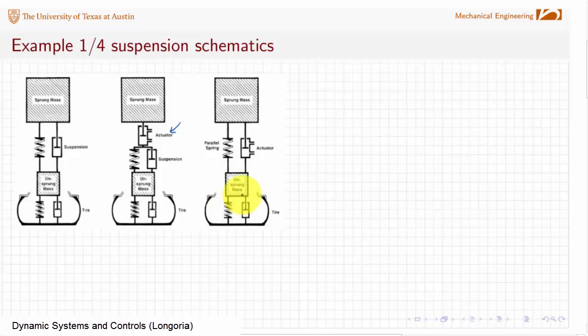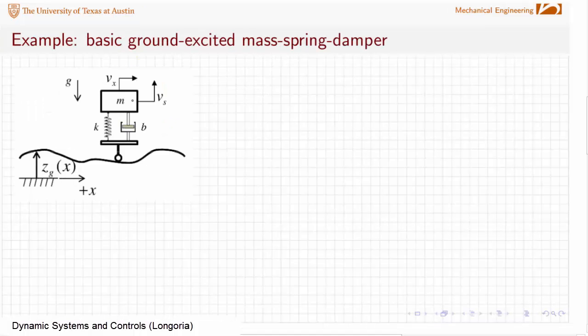Now, before we tackle this full system model, let me just show you in the next slide what the next step might be. You've probably played around with this model before, right? It's a simple mass spring damper system, but remember this is the ground excited or base excited mass spring damper system.